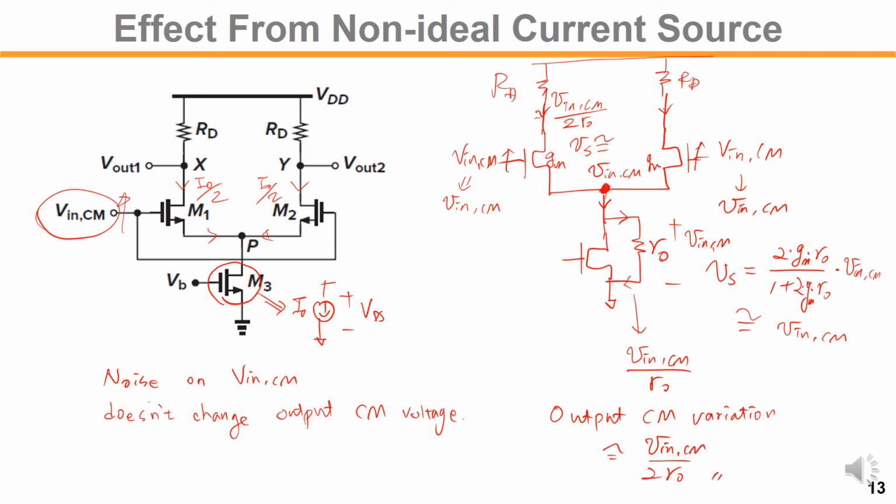So it is important to have a high output resistance if you don't want the output common mode variation. Without output common mode variation, you will get the output swing like this, right? But if you have a large variation on the output common mode, then your swing will be moving around this common mode variation.